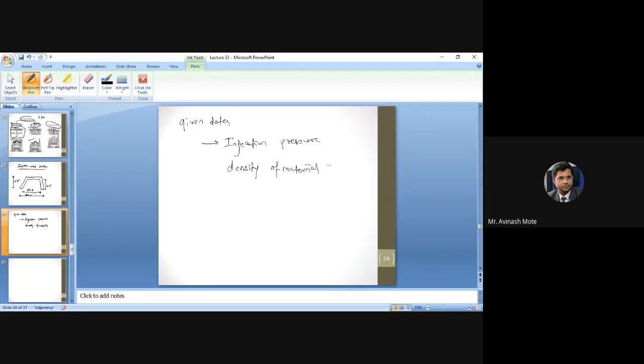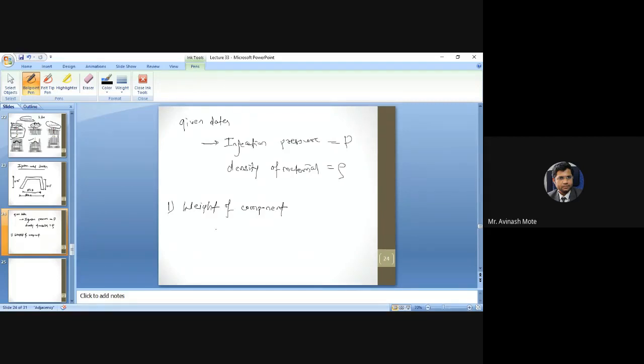Injection pressure P and density of the material will be given, right? Now see, the first part that you need to calculate is, as regular, the weight of the component, because based on that weight only we are going to design the mold.